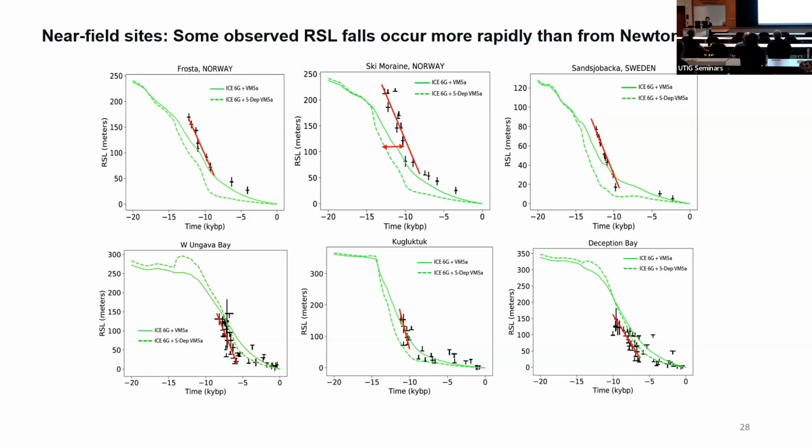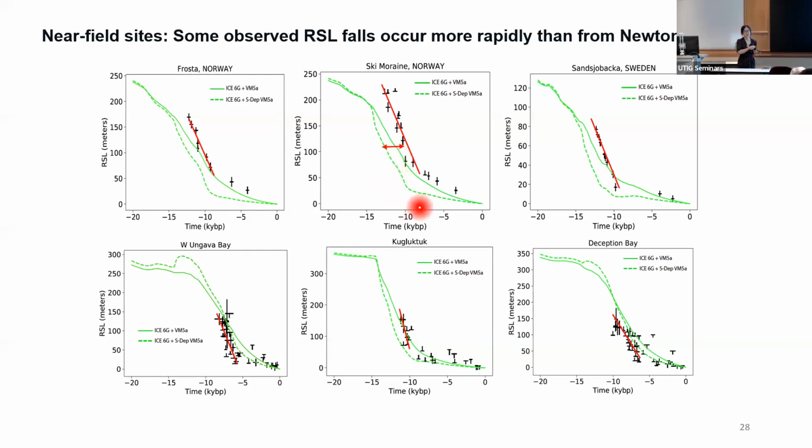Yeah, good question. So we can show this feature, the rapid, large slope, caused by non-Newtonian rheology. But if we want to consider how our non-Newtonian rheology can fit those data, there are two possibilities.